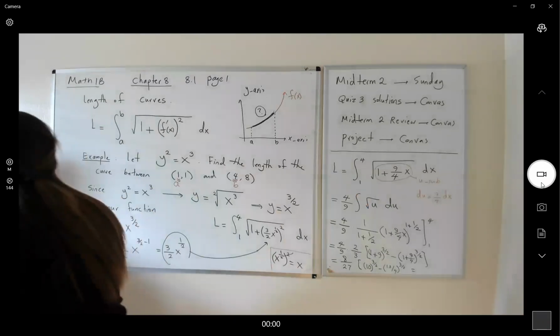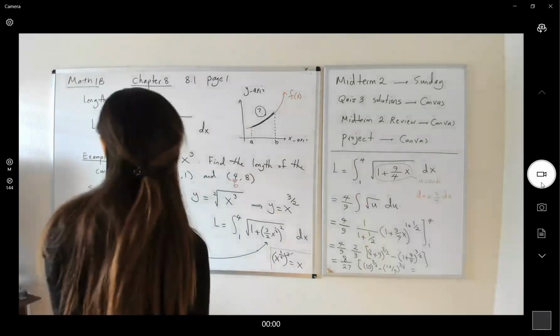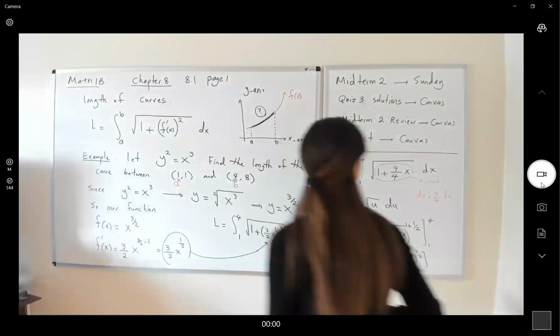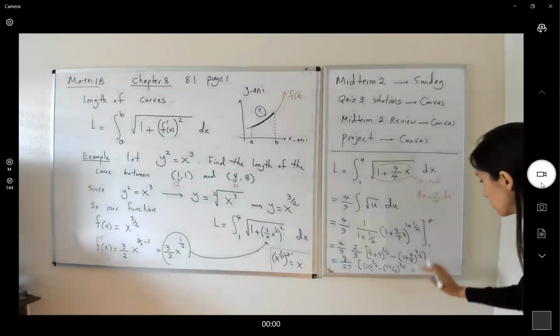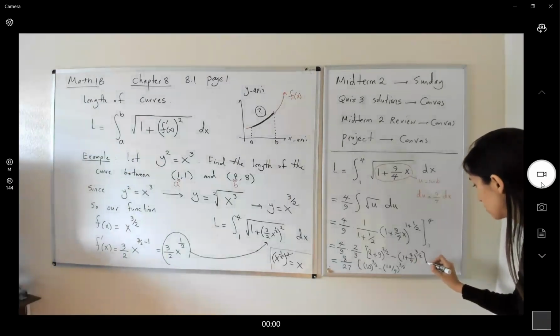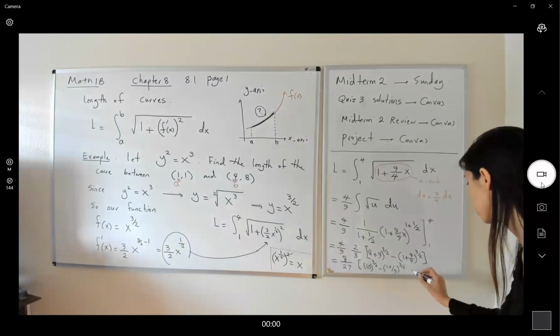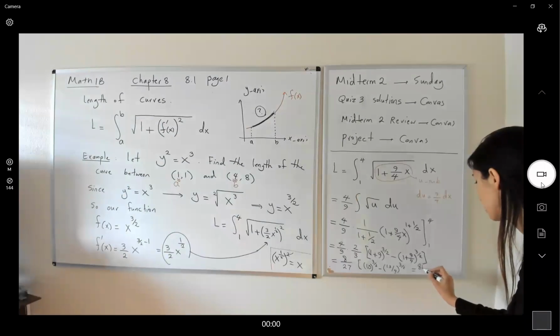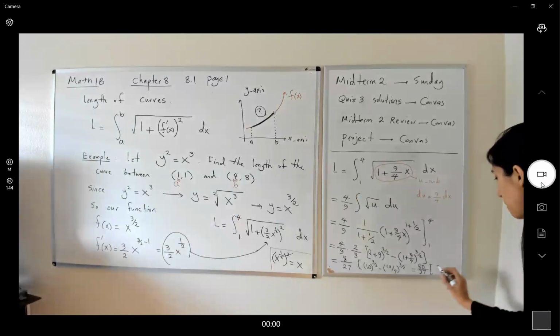After simplifying the whole thing, I'll leave the outcome as just radicals. This can be written as 80 over 27 bracket.